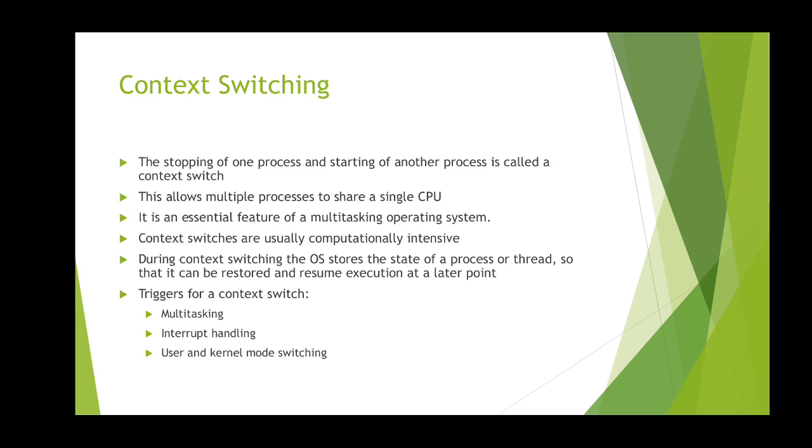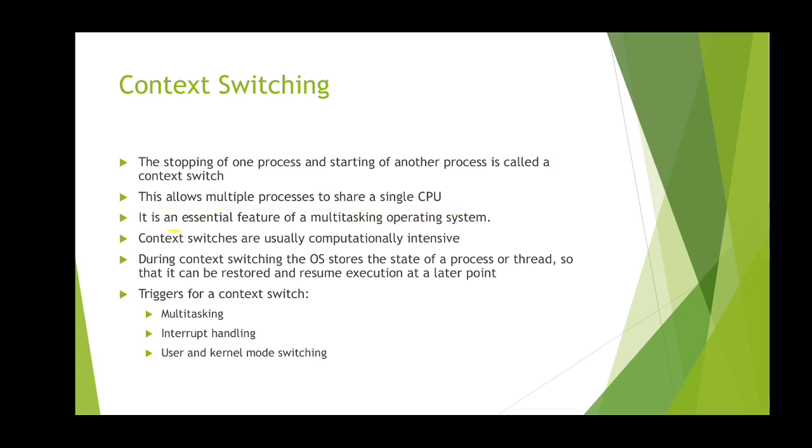So here there is stopping of one process and starting of another process. Overall this method is called context switching. So we can say that the stopping of one process and starting of another process is called a context switch, and it allows multiple processes to share a single CPU.